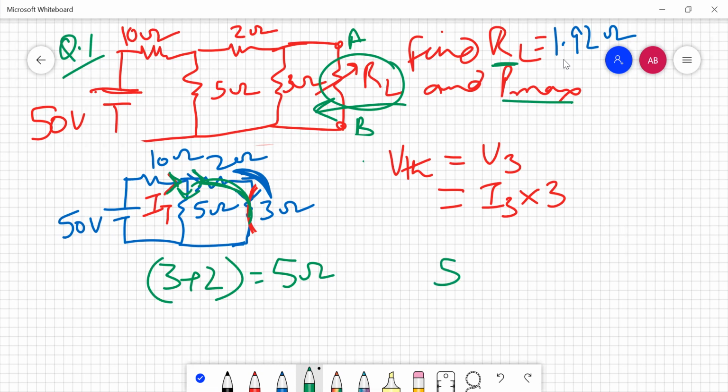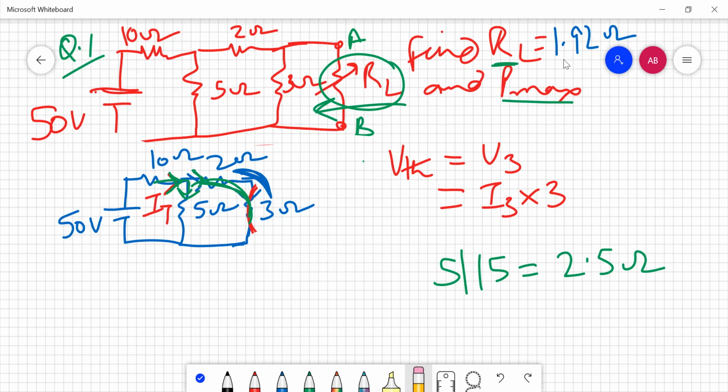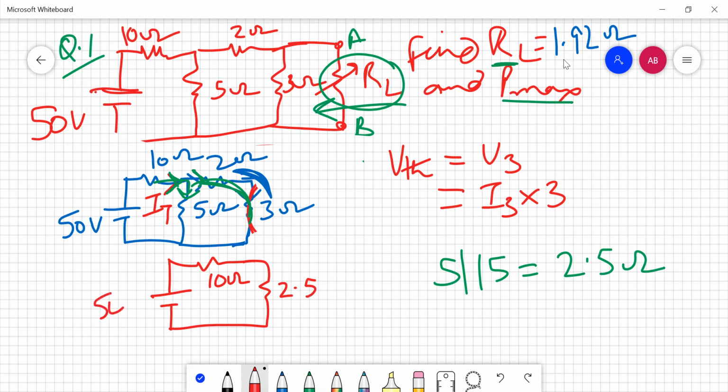So that makes 5 in parallel with 5 equal to 2.5 ohms. And then this whole thing will be in series with my 10 ohms. So the total resistance will be 12.5.